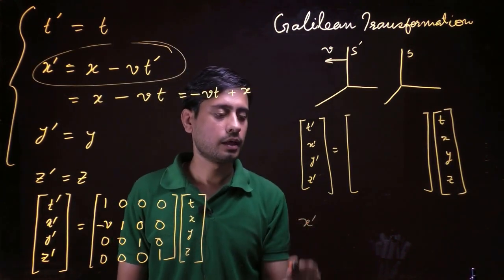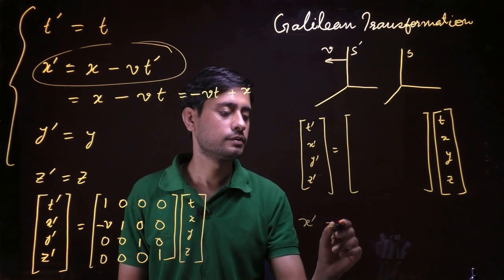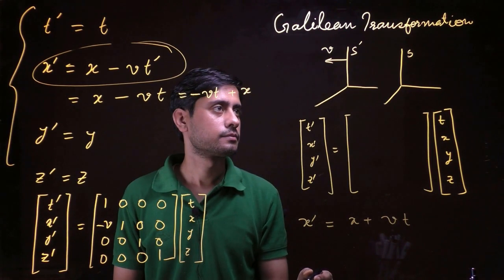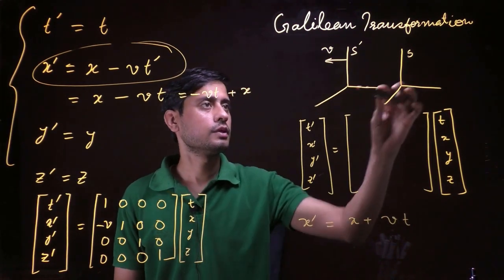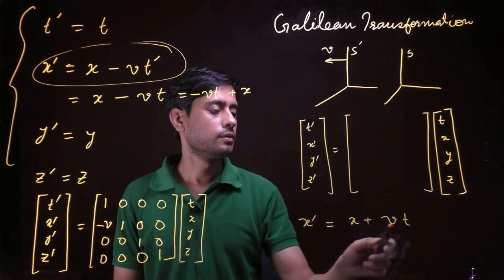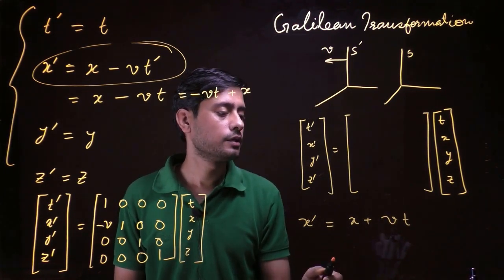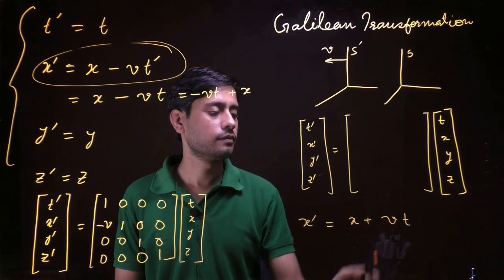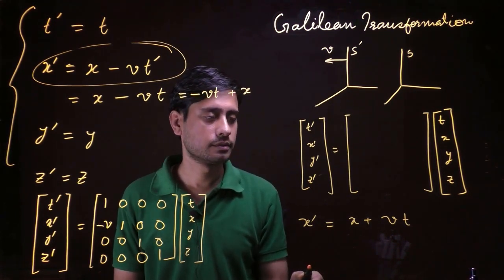So you will have to write x prime equals x plus vt, because it is moving in negative direction. So the sign of v will be replaced by minus v, and minus of minus v will be positive v.